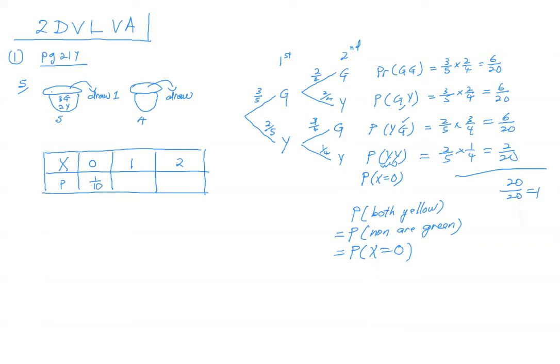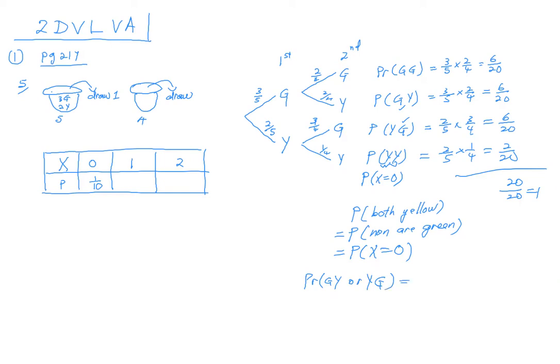It's not only one, because the probability of getting a green and yellow, I added the probability of green and yellow plus the probability of yellow and green. So I did addition.